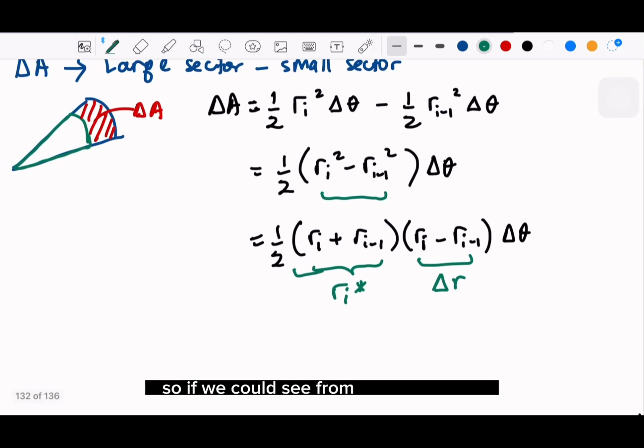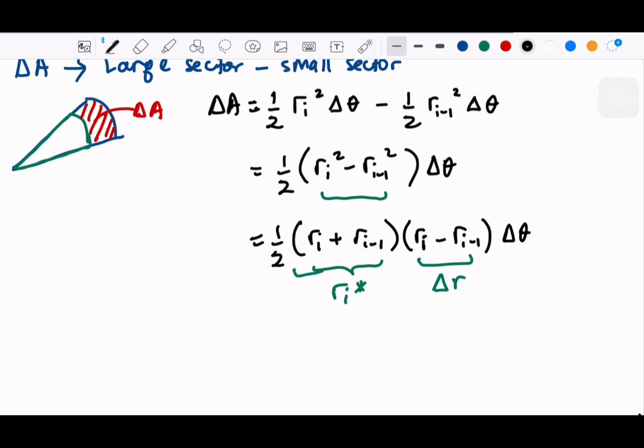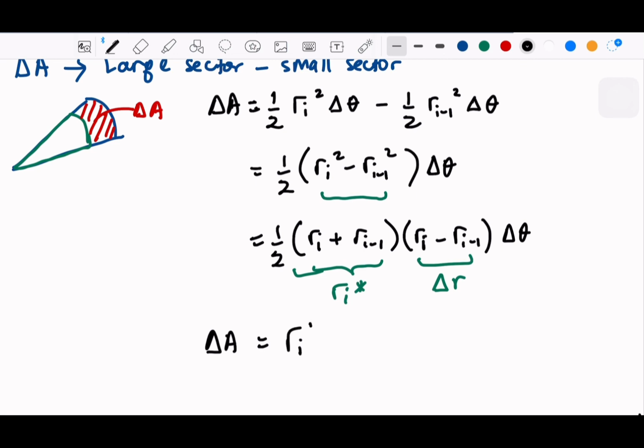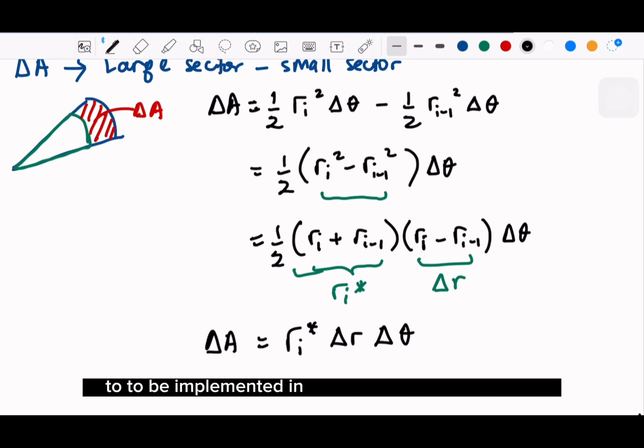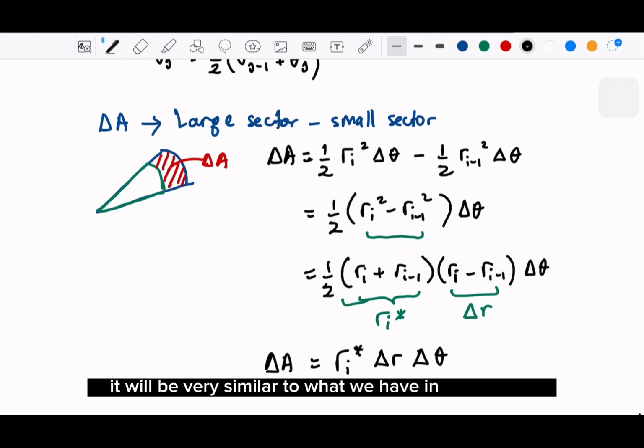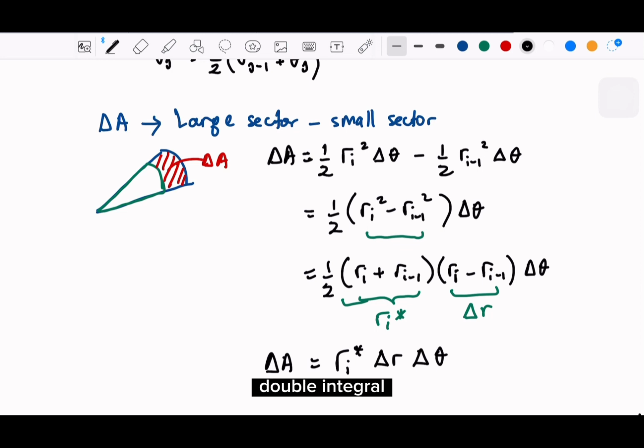So if we see from this relation, it seems that the delta A makes up the r, delta r, and delta theta. And this will be very important to be implemented in our double integrals. Okay, and to define this integral, it will be very similar to what we have in our normal double integrals.